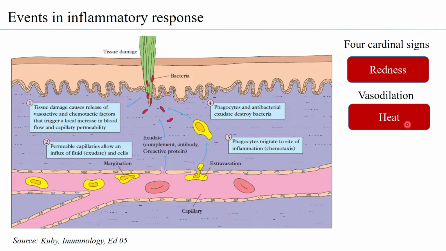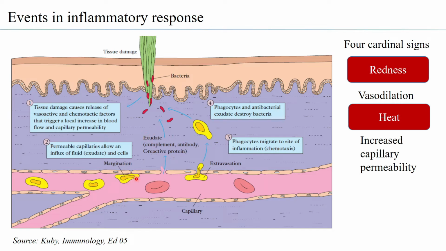Now, what also is important to note over here is that in the process, it also leads to capillary permeability. That is, the blood vessel becomes more permeable. And because the blood vessel becomes more permeable, fluid from the blood vessel gets into the tissue space.